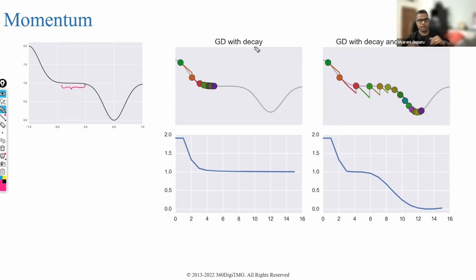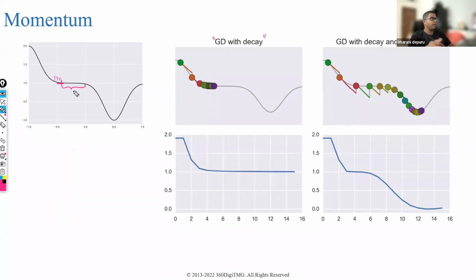Here, after it reaches this flat region, it will try updating, and after a few iterations there won't be any major change in the loss. So your gradient descent will stop, because if there is no major change, why should your algorithm continue to run?